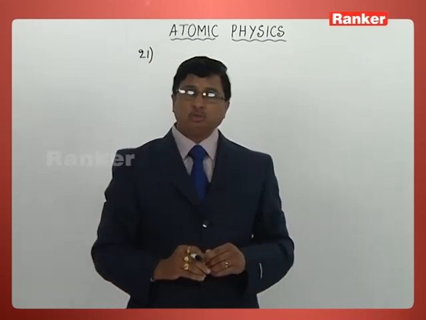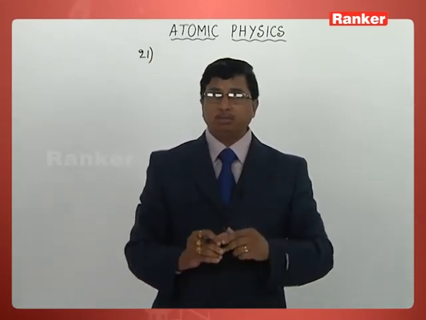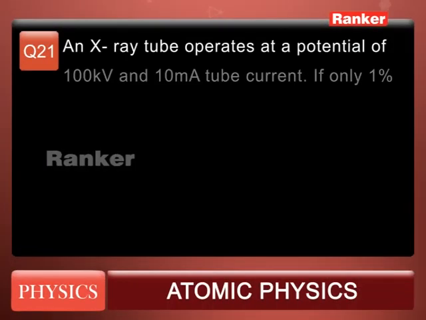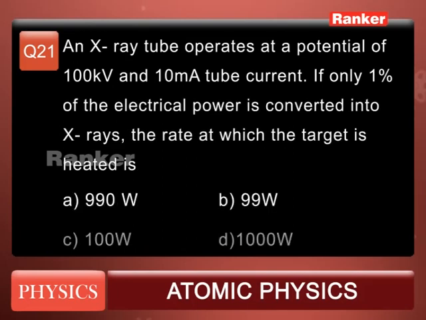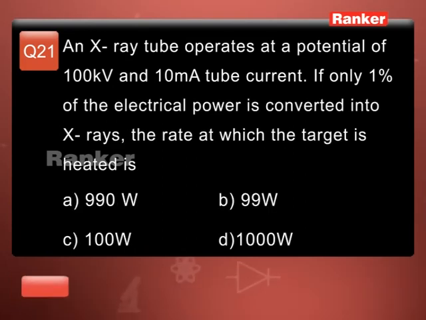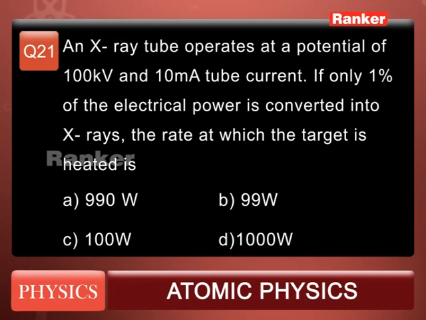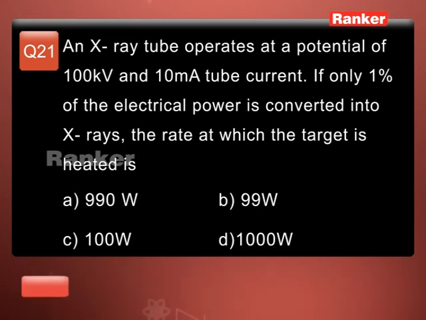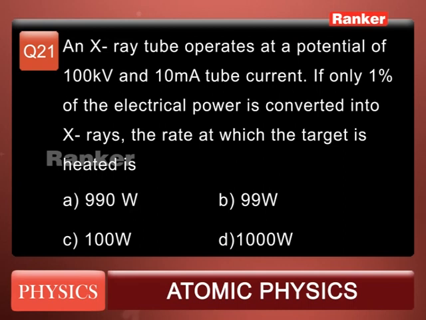Switch over to the 21st problem now. That also is on X-rays only. An X-ray tube operates at a potential of 100 kilovolt and 10 milliampere tube current. He has given voltage and he has given the current in the system.